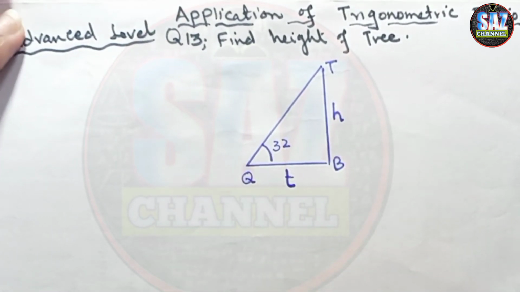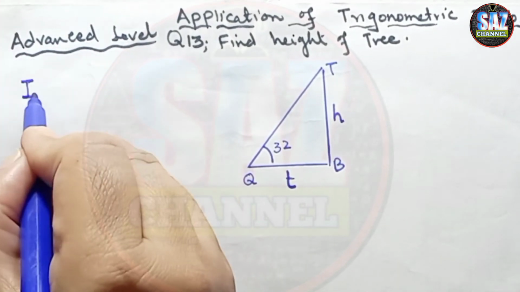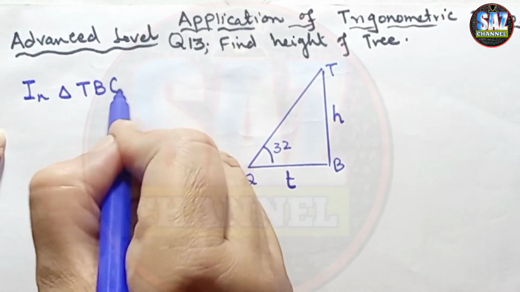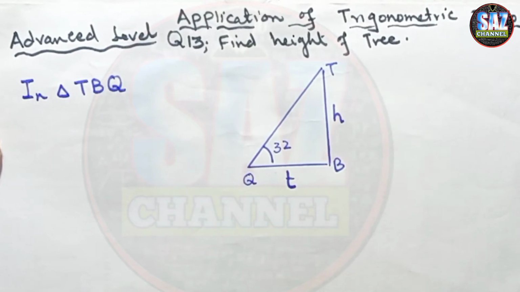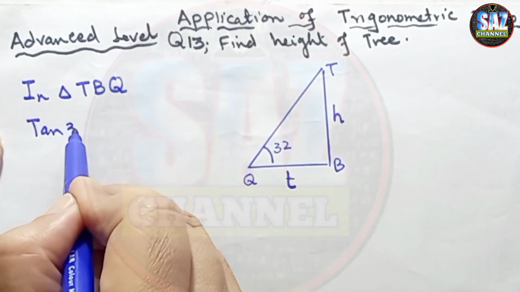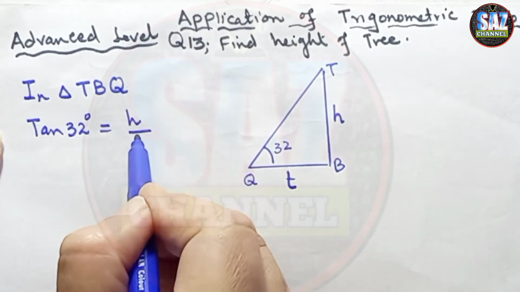So in triangle TBQ, opposite upon adjacent, tan 32 degrees equals h upon t.